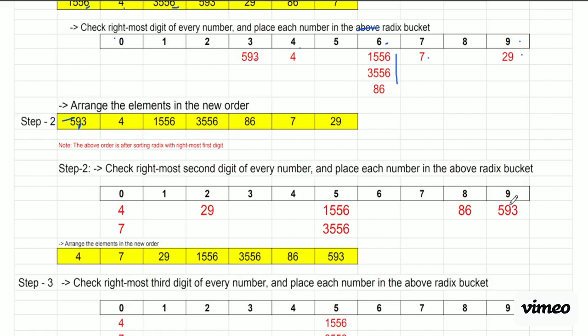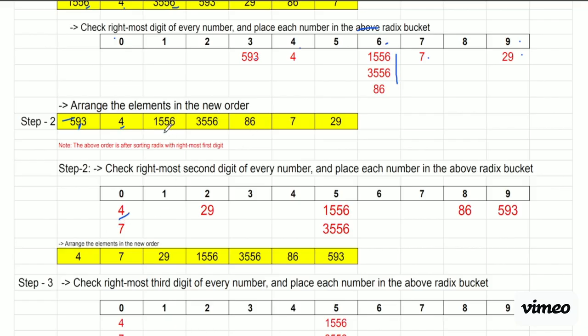I just keep looking at the digits of whatever position we are looking at. For a particular position, we look at the digit in the given number, and we match that digit with the radix bucket, and we put the number in that bucket. As I said, 4 doesn't have a tens place, so it goes in the 0th.